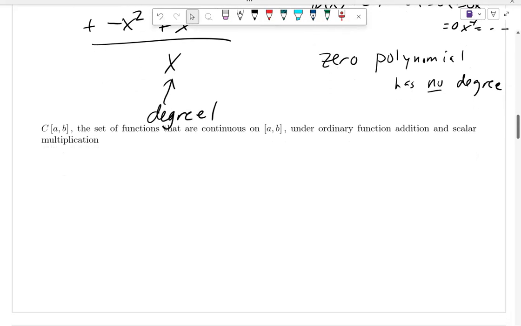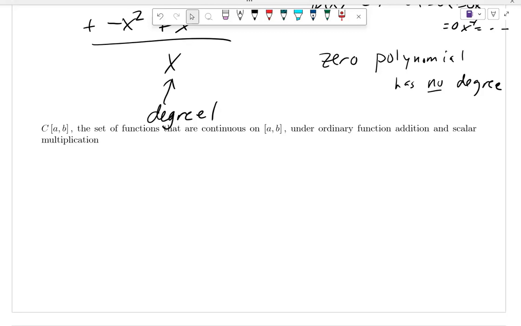The set of functions that are continuous under ordinary function addition and scalar multiplication also works. Notice your notation here. This is the big thing. When I put the C out in front here, this is standing for continuous functions. This A to B here is talking about your domain of that function, or at least what interval you're looking at.